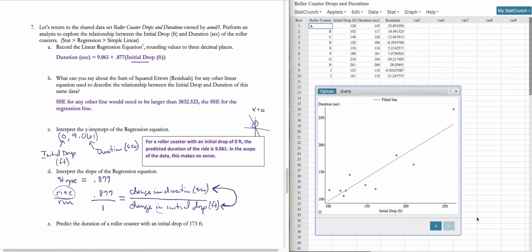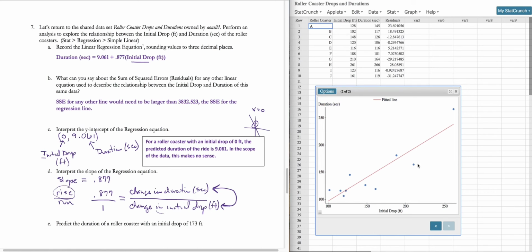The one other thing we need to worry about here, though, is our units. So taking a look at the units we have right now, we're talking about a change in initial drop of just 1 foot and a change in the duration of the ride of less than 1 second.